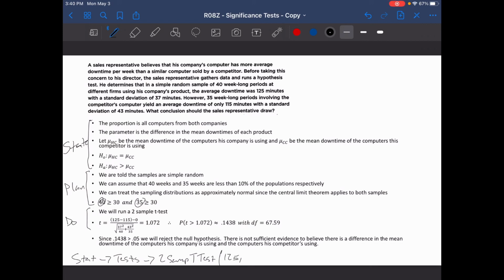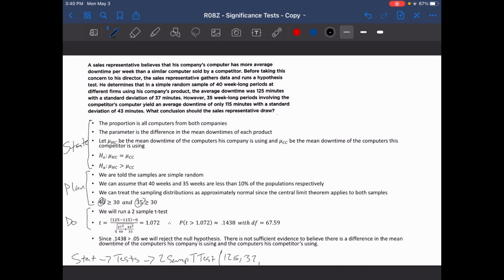Our standard deviation that goes along with that is going to be 37, so we're going to enter in 37 for that. And the total number in that sample is going to be 40 for this case.